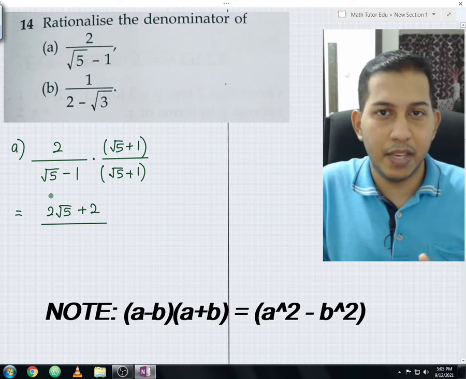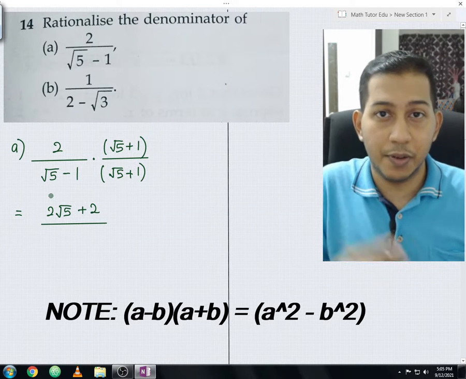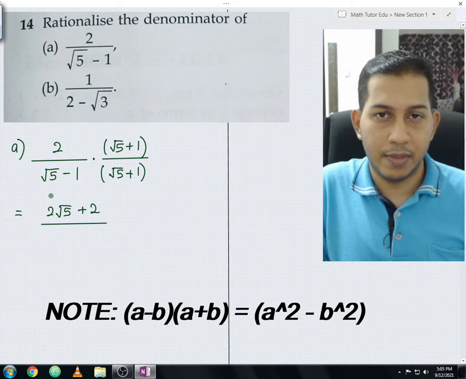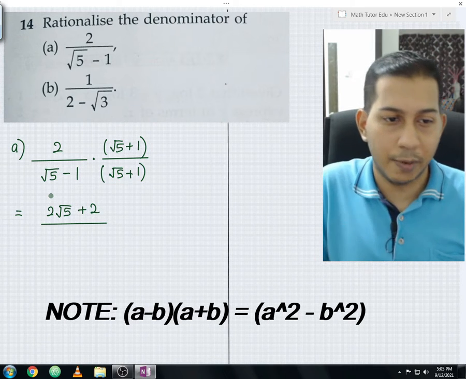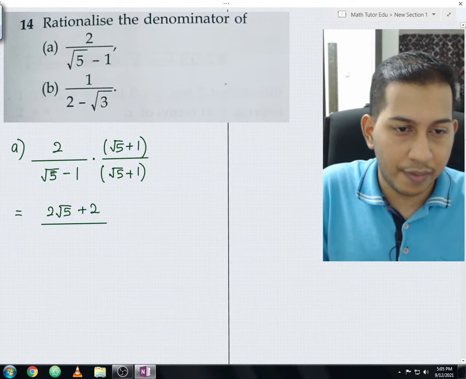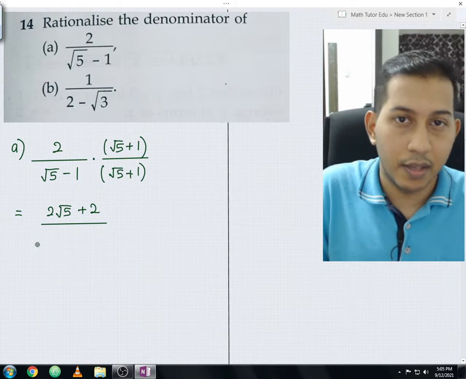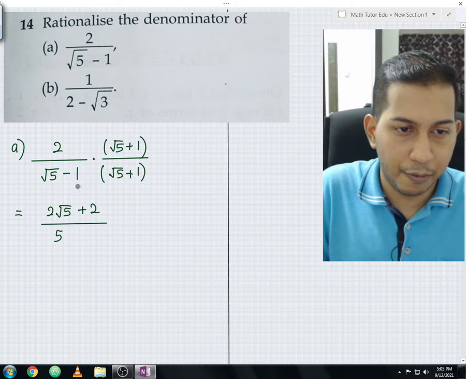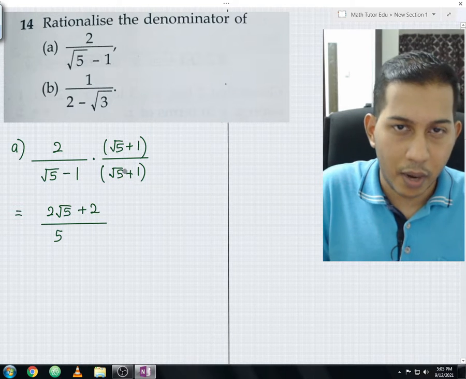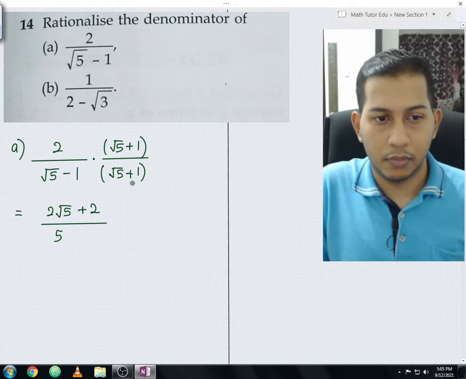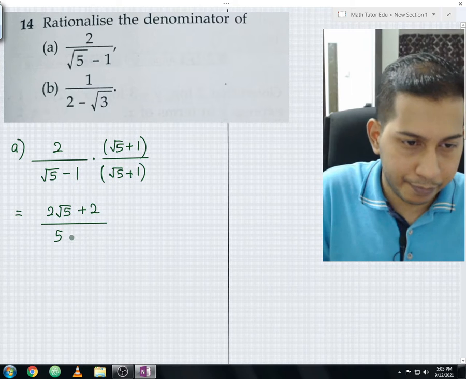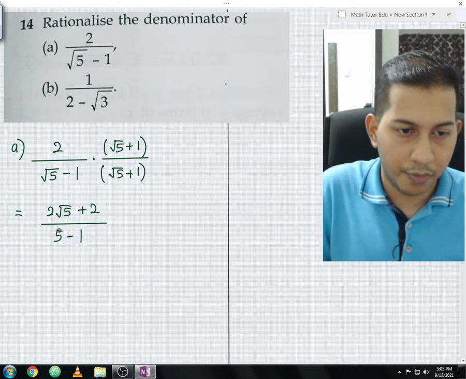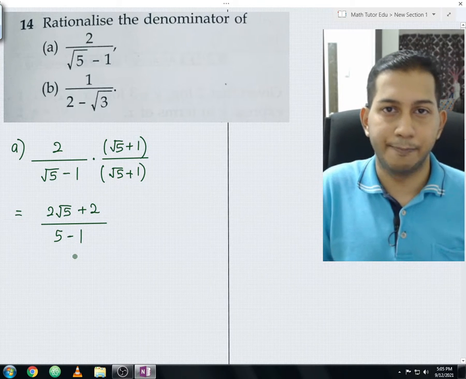Example, A minus B, you times with A plus B, you get A square minus B square, right? So the similar concept over here. Square root 5 times square root 5, you should get 5. Negative 1 times 1, you should get negative 1. Okay, so 5 minus 1.